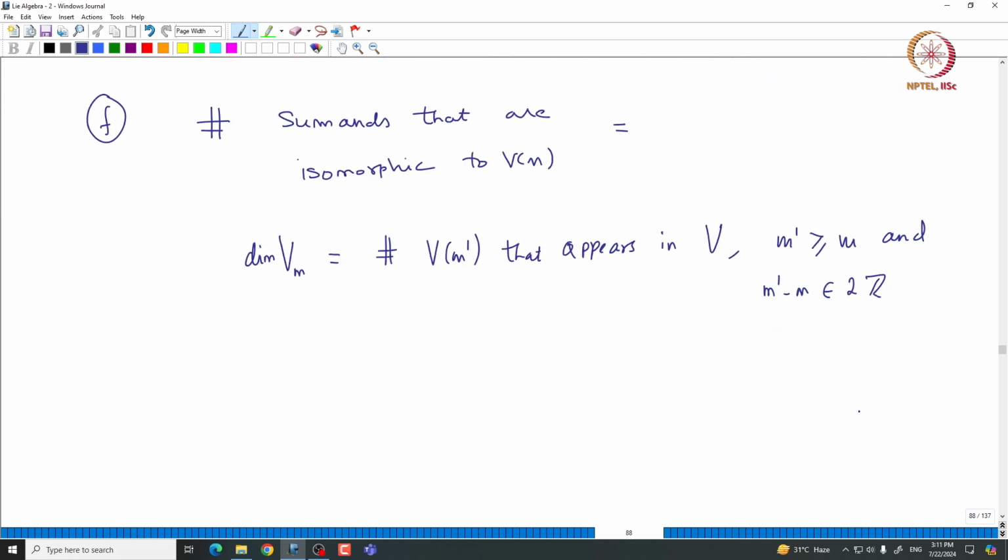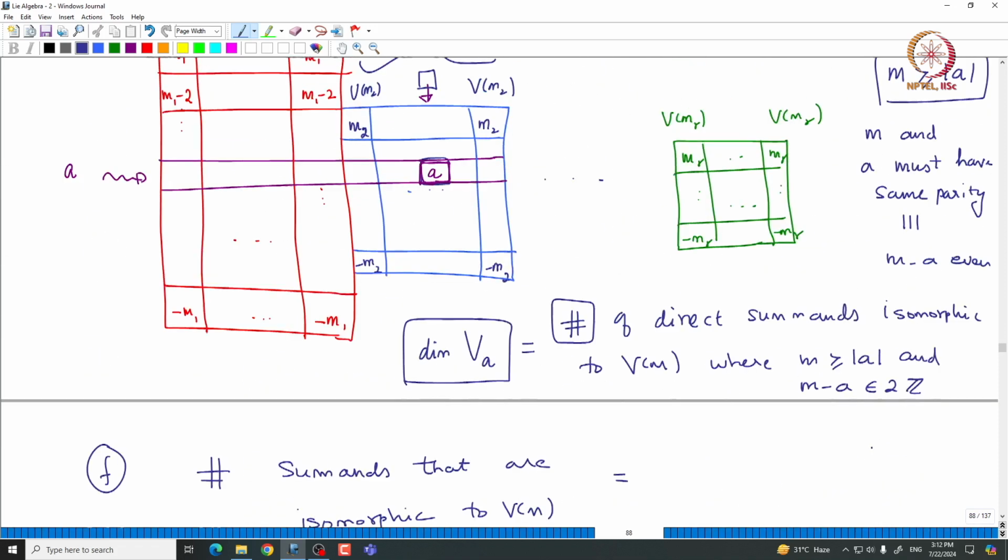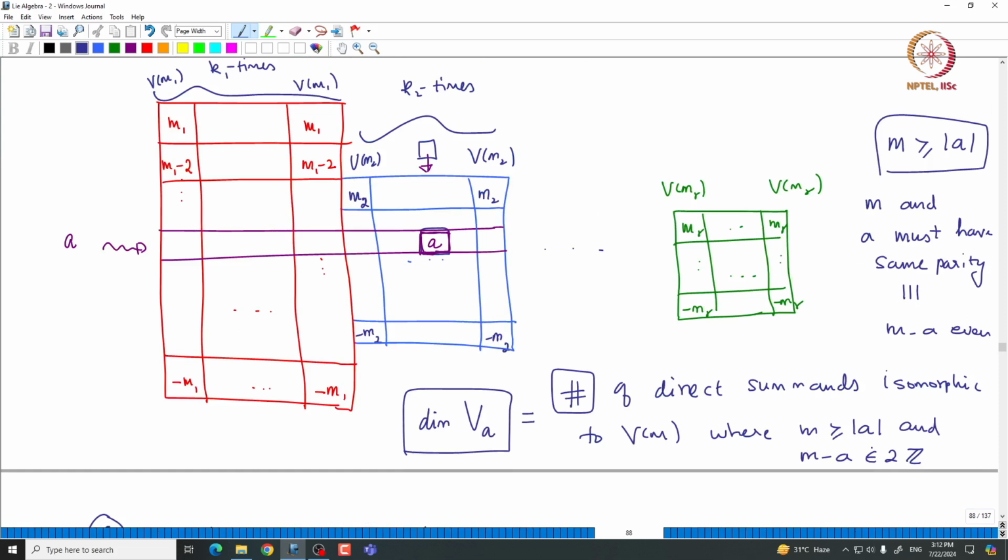Okay. So, this is what you are getting for the dimension of Vm. And similarly, if you look at the dimension of Vm plus 2, then again you are going to get a very similar formula.